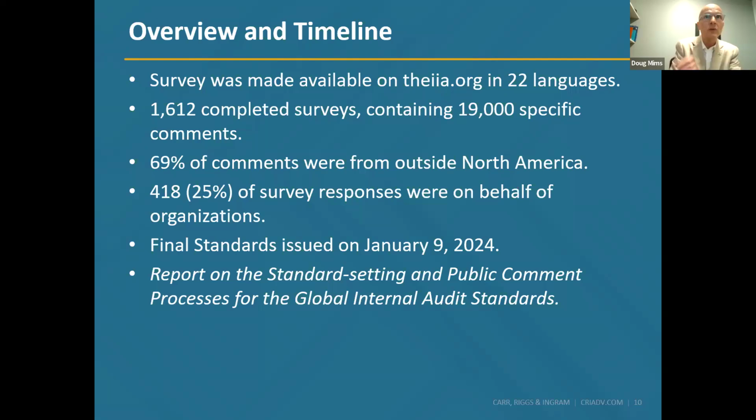There were over 1,600 surveys completed, and they contained 19,000 specific comments. 69% of the comments were from outside North America. So I'm assuming everybody on here is in the United States. And so interestingly, 70% of the comments actually came from outside the U.S., which is robust.